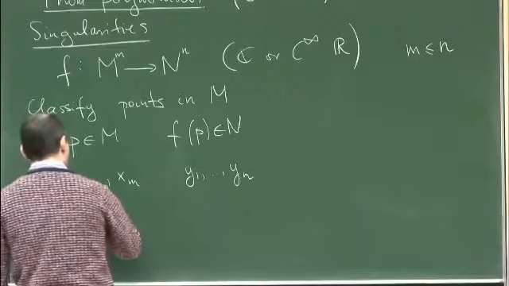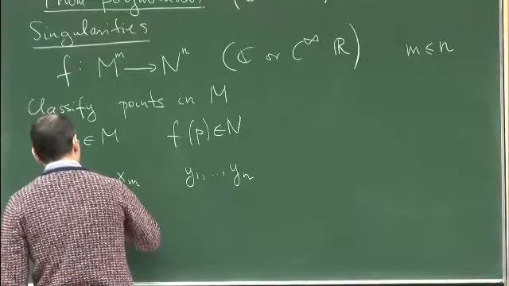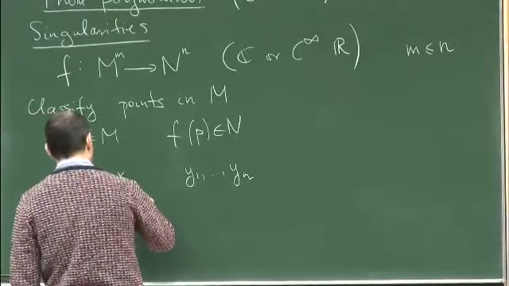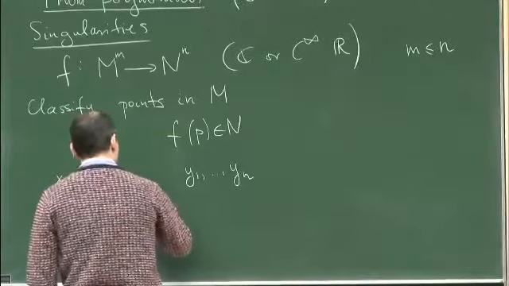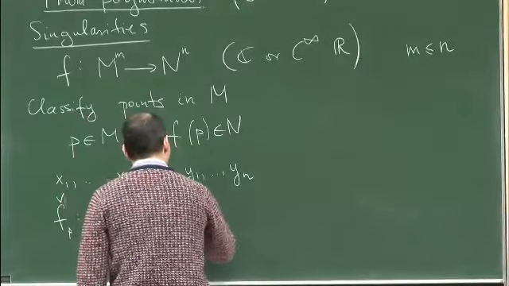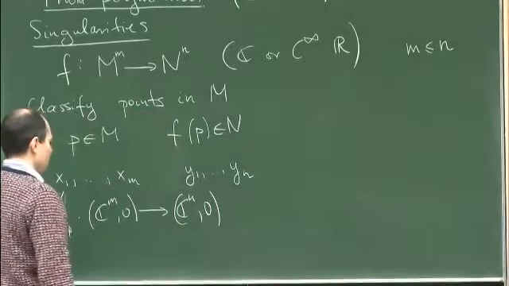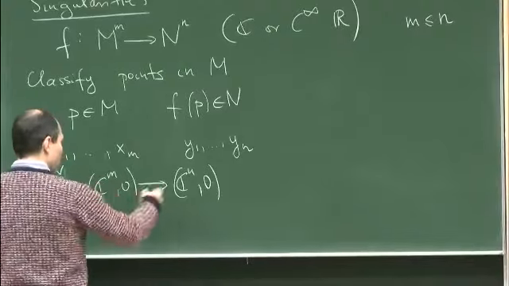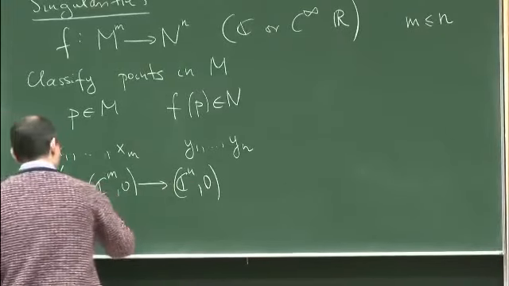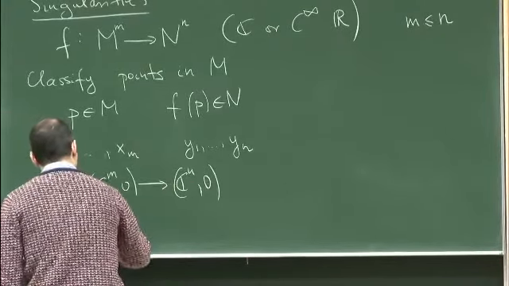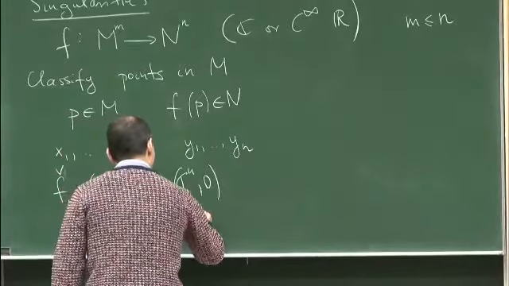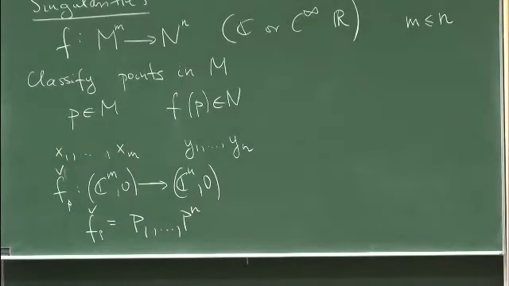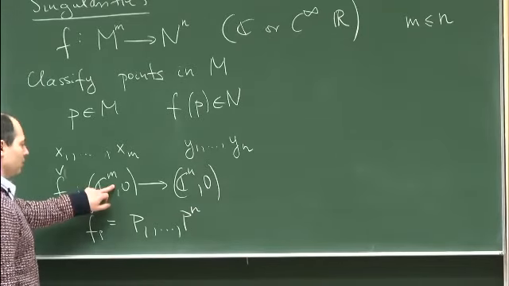This is a holomorphic map from C^m to C^n. What these maps actually are is a set of P1 through Pn of power series in m variables.